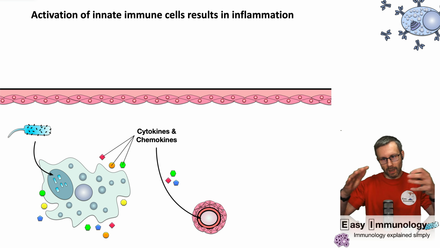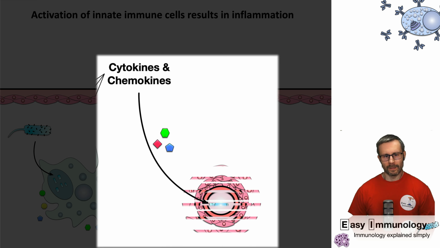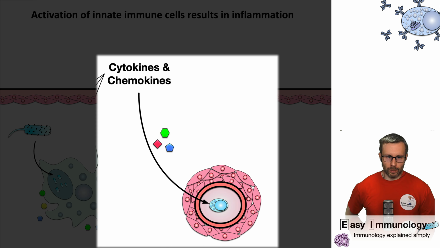So the concentration of cytokines and chemokines will be the highest around the area of infection, because that's where they're produced, and then they diffuse away, and therefore you find the highest amounts of cytokines and chemokines at the place of infection.